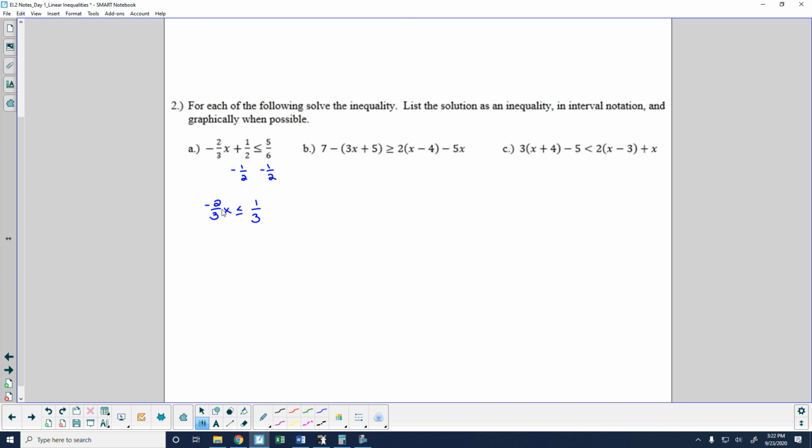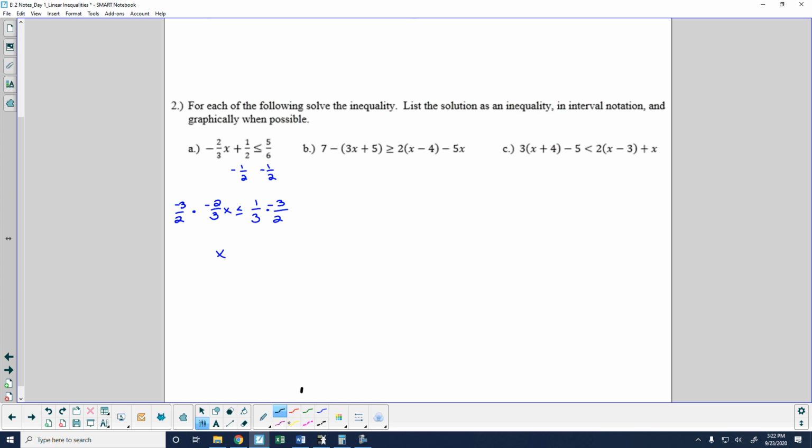I need to get rid of this coefficient. You can do one of two things. You can divide by negative 2/3, or you can multiply by the reciprocal, negative 3/2. So I'll go ahead and multiply by the reciprocal. As I multiply by the reciprocal, the negative 2/3 and the negative 3/2 will cancel each other out, and I'm left with just x.